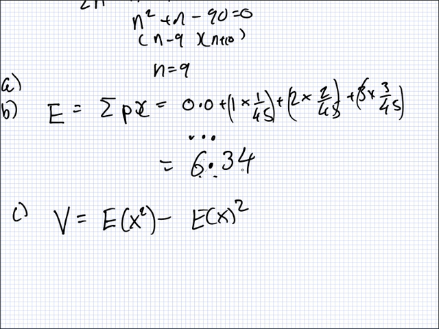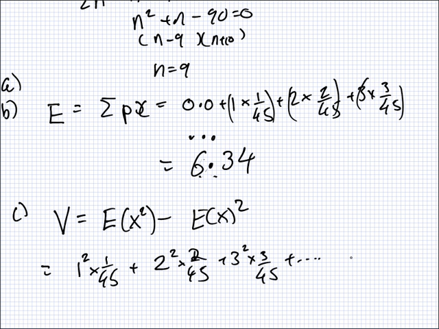Okay. C, what is the variance of the number of tables she will serve? So you have to do expected value of x squared. So that would be 1 squared times 1 over 45 plus 2 squared times 2 over 45 plus 3 squared times 3 over 45, etc. minus 6.34 squared.